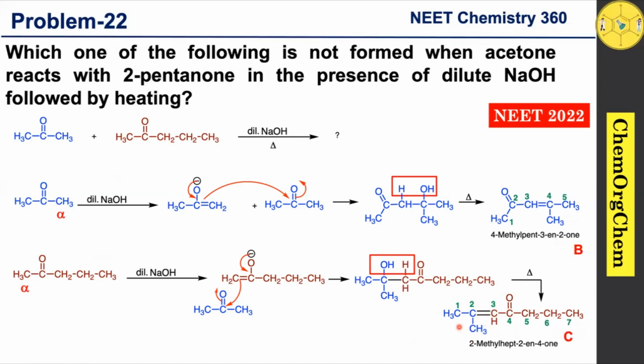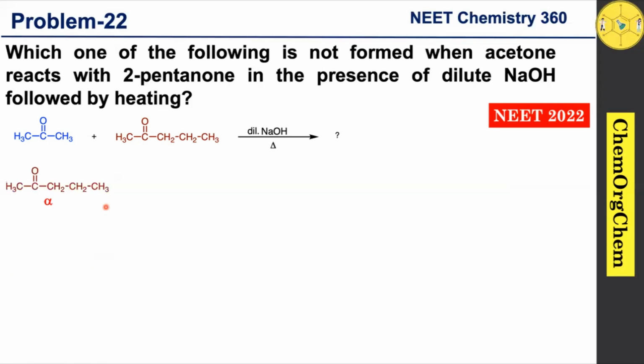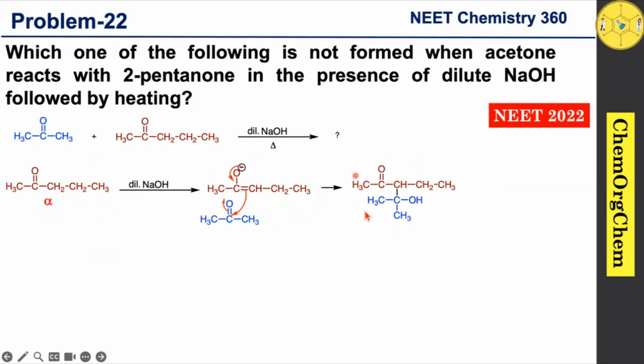Let's move on. Now 2-pentanone could react with acetone. This time imagine that the base takes the proton from this alpha carbon, producing this corresponding intermediate, which then reacts with the acetone molecule, producing this corresponding intermediate.